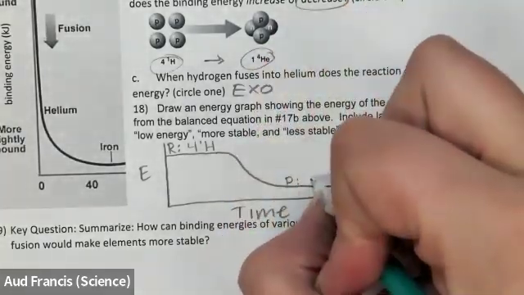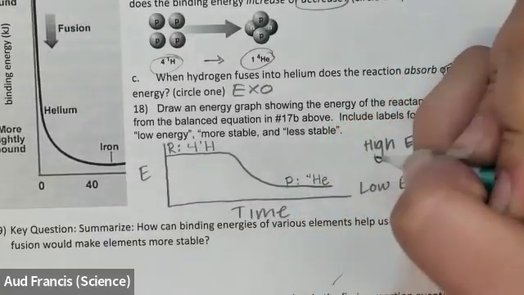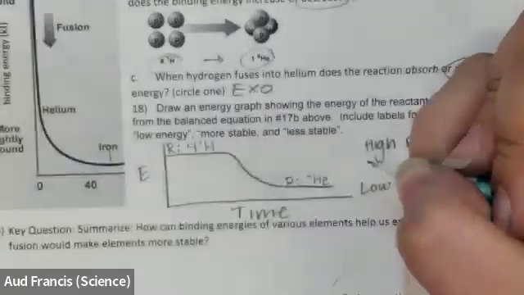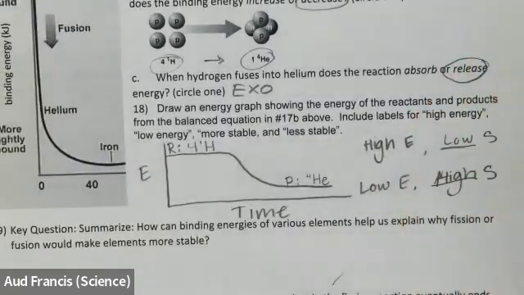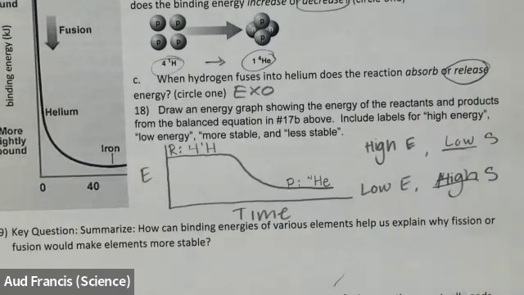Our product is a helium-4 atom. In this instance, we would not write it as an alpha particle. Okay, we would write it as a helium-4. We're only going to write it as an alpha particle when we're specifically looking at scenarios in which decay is occurring. Okay? So in this instance, even though helium-4 is an alpha particle, we're not going to write it as an alpha particle. We're going to write it as a helium-4.